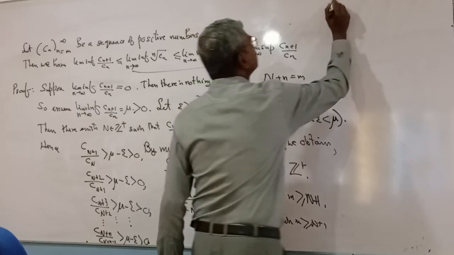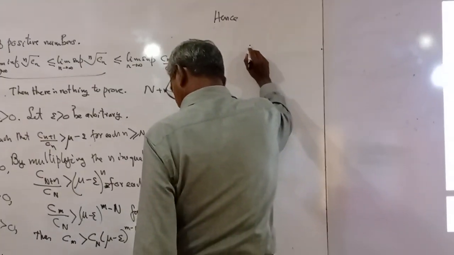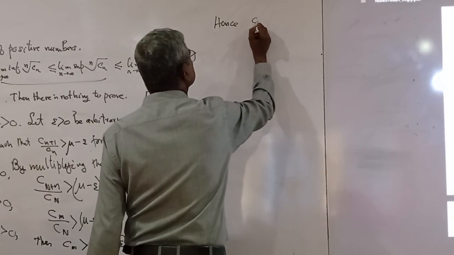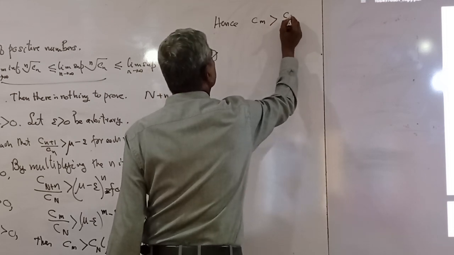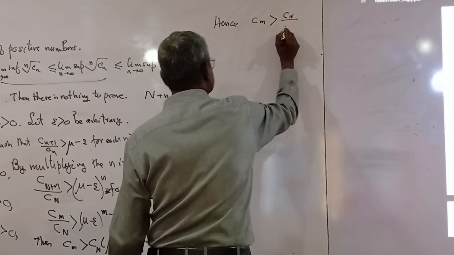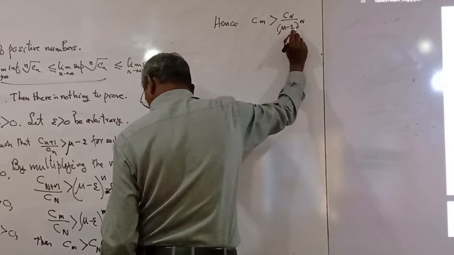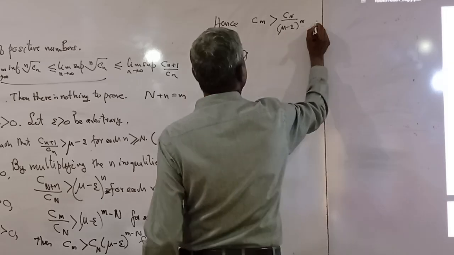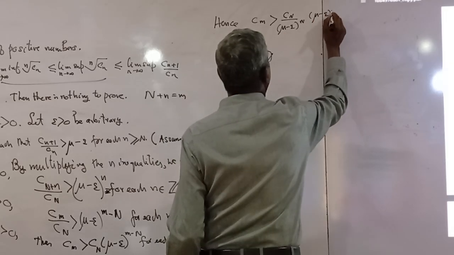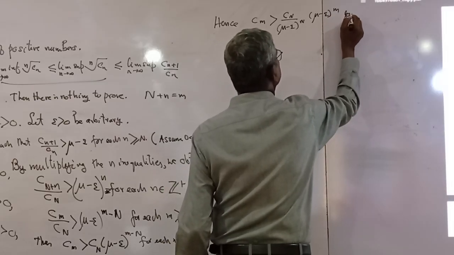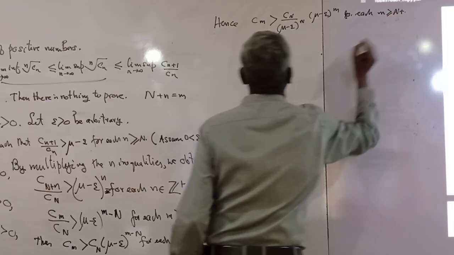Hence, Cm is greater than C capital N divided by mu minus epsilon raised to the power capital N, times mu minus epsilon raised to the power m, for each m greater than or equal to capital N plus 1.